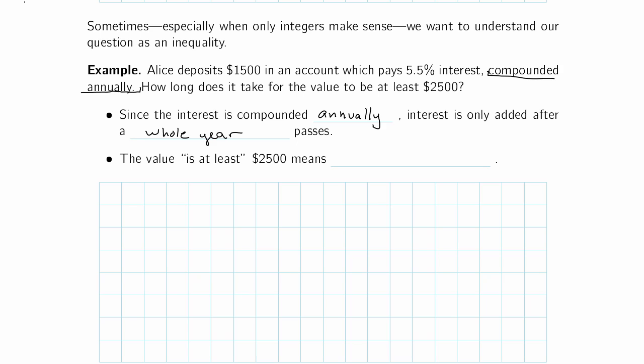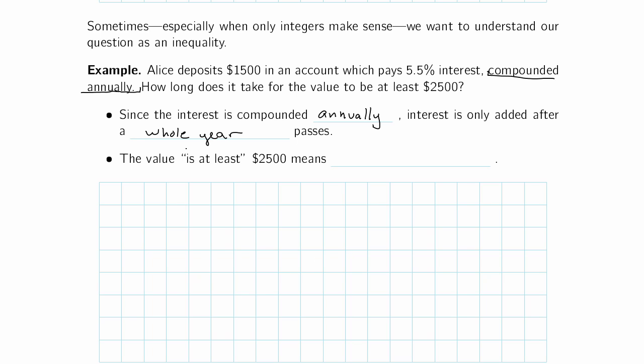So we know we want a whole number to answer the question. And the chances of our algebra giving us a whole number are practically non-existent. So to see what whole number we want, we need to take into account that is at least.